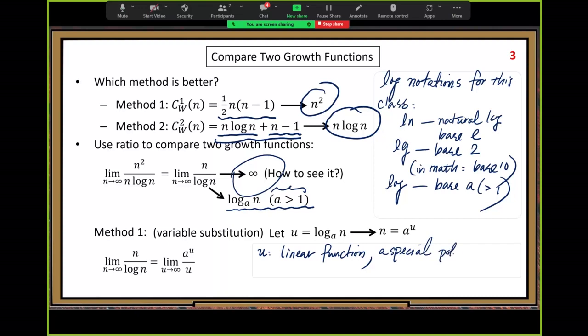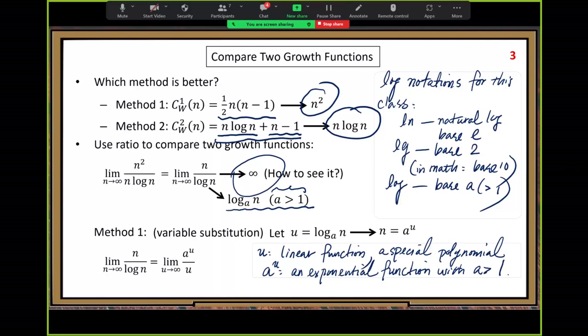The numerator function a to the u is an exponential function, with the base greater than 1.